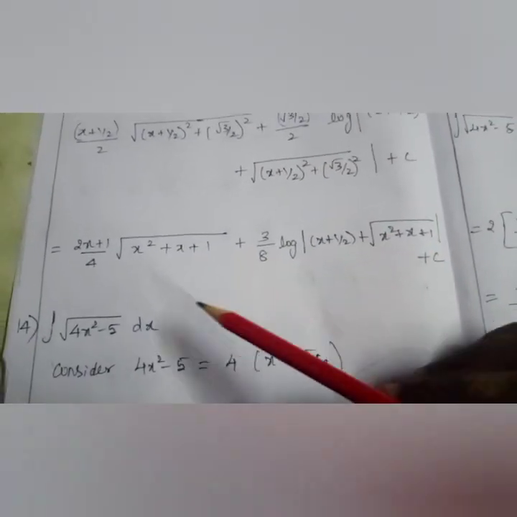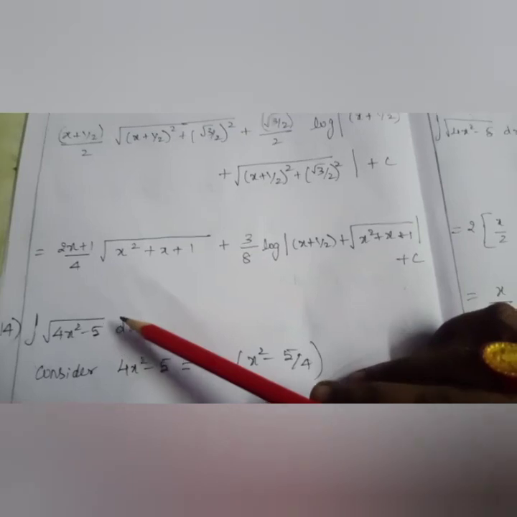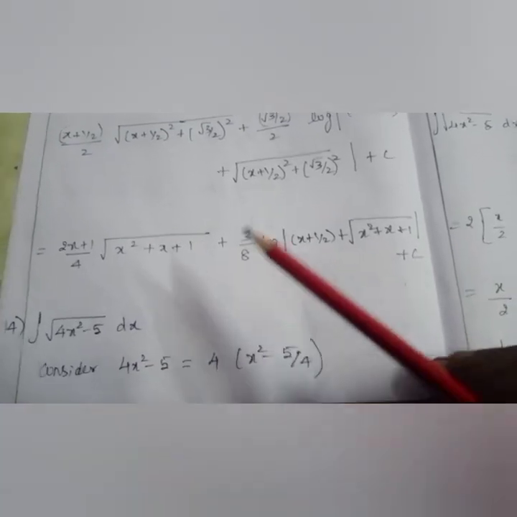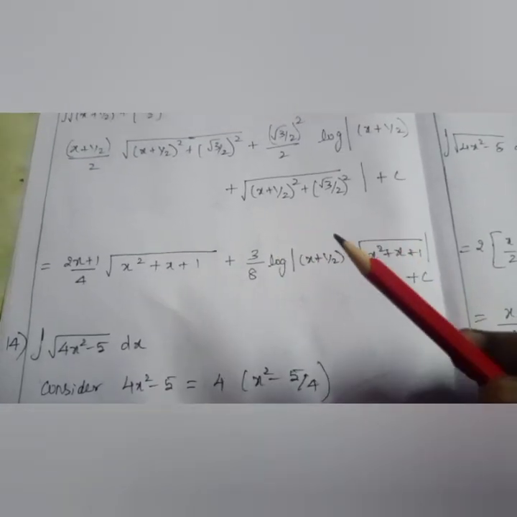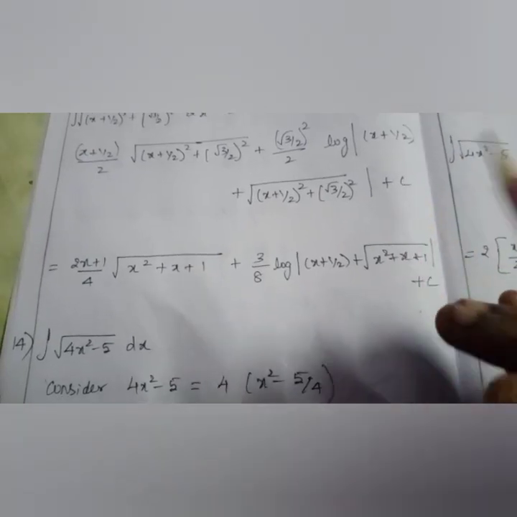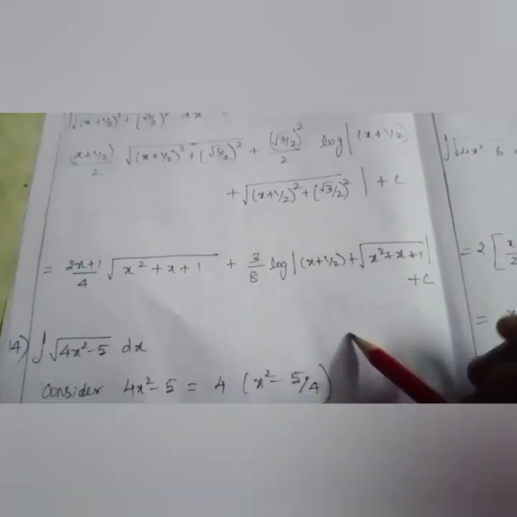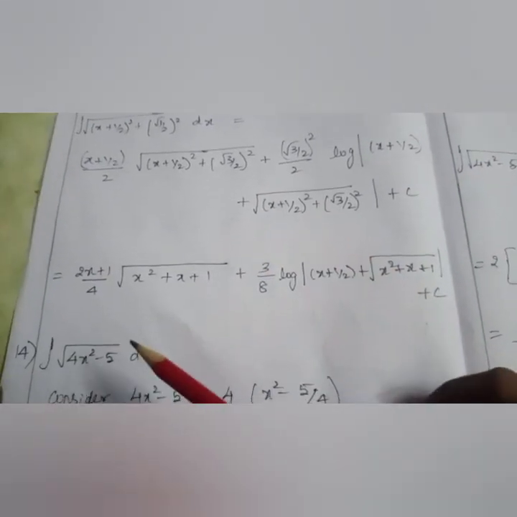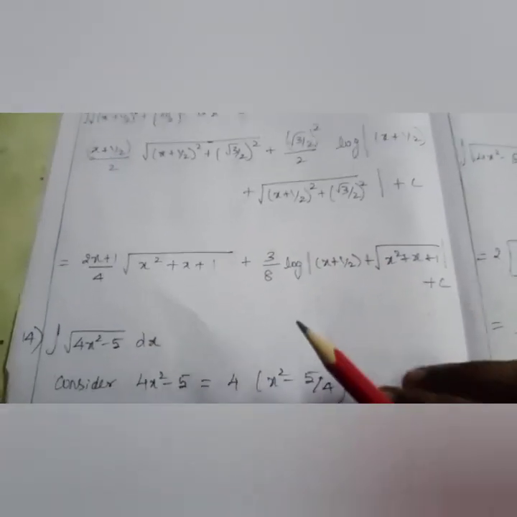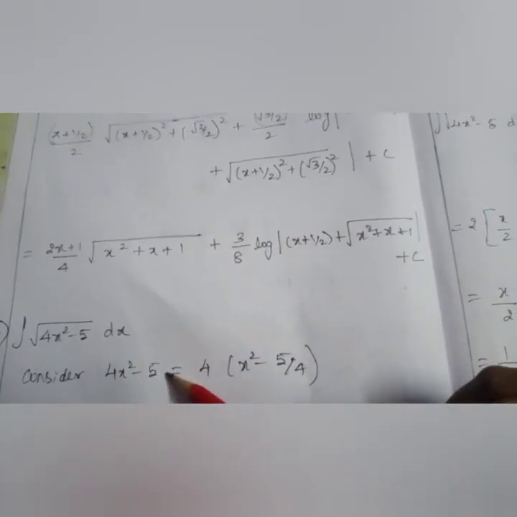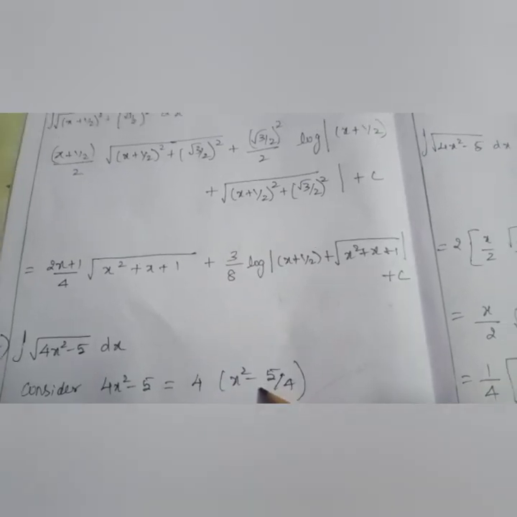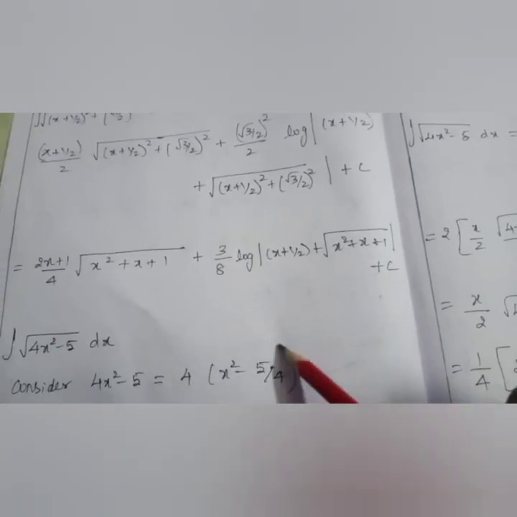Now we will move on to the 14th sum, integral of root of 4x square minus 5 dx. So I told you in the first part of this exercise itself, whenever you are having a coefficient with the x square, we have to eliminate it somehow. So consider 4x square minus 5, I can write 4 outside, which makes it 4 into x square minus 5 by 4.